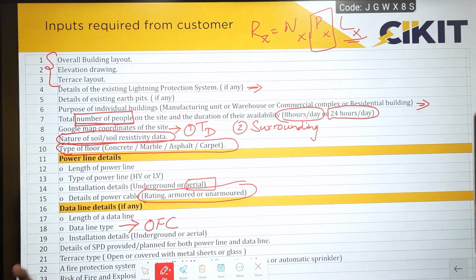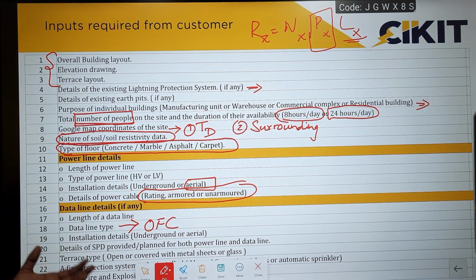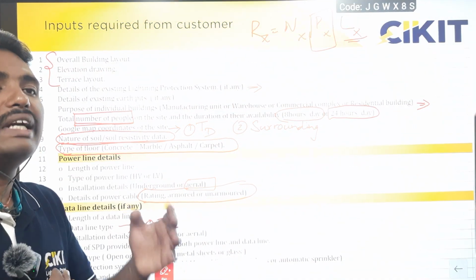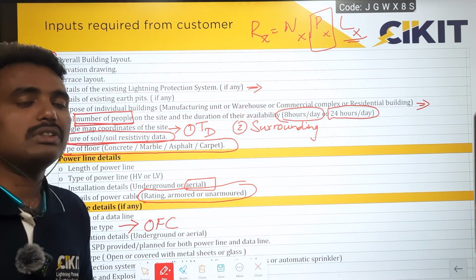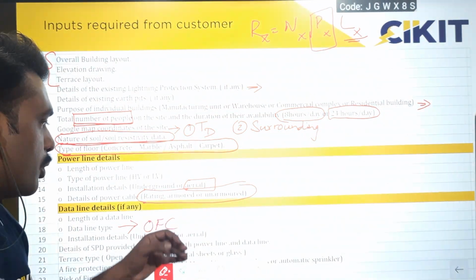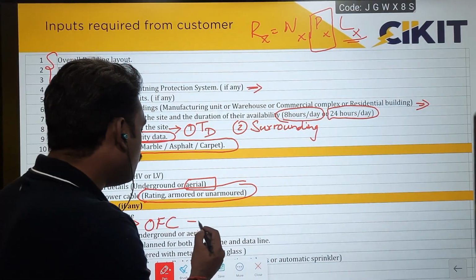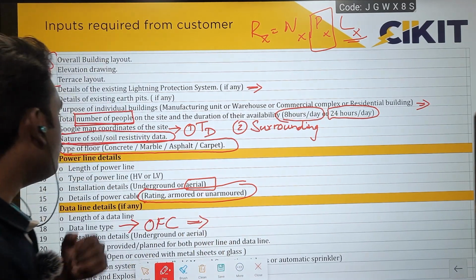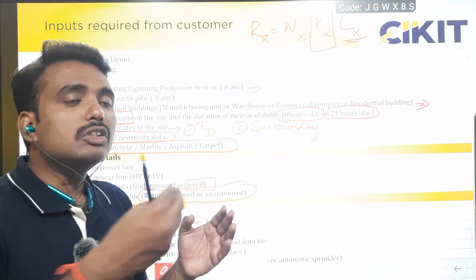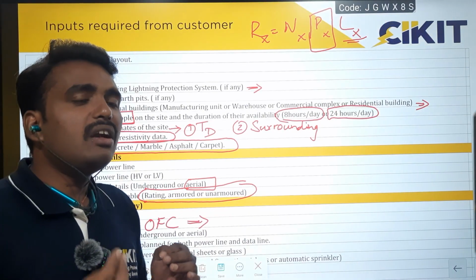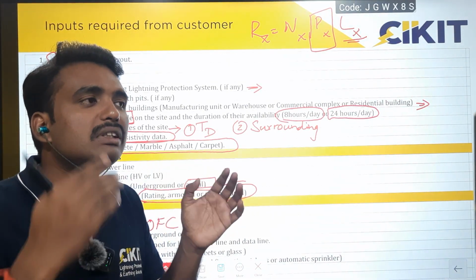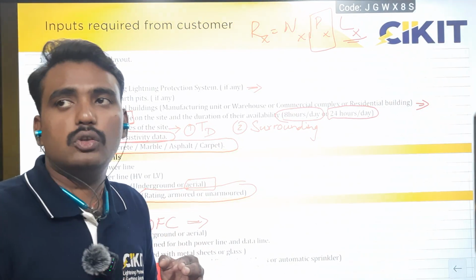OFC is nothing but optical fiber. Here the data will be transferred in the form of light. So there won't be any conductive parts; copper core won't be there in OFC. We are providing protection to the power line and data line to protect the electrical equipment from surges. In the data line, if it is an OFC cable, the chances of surges will be much lower.